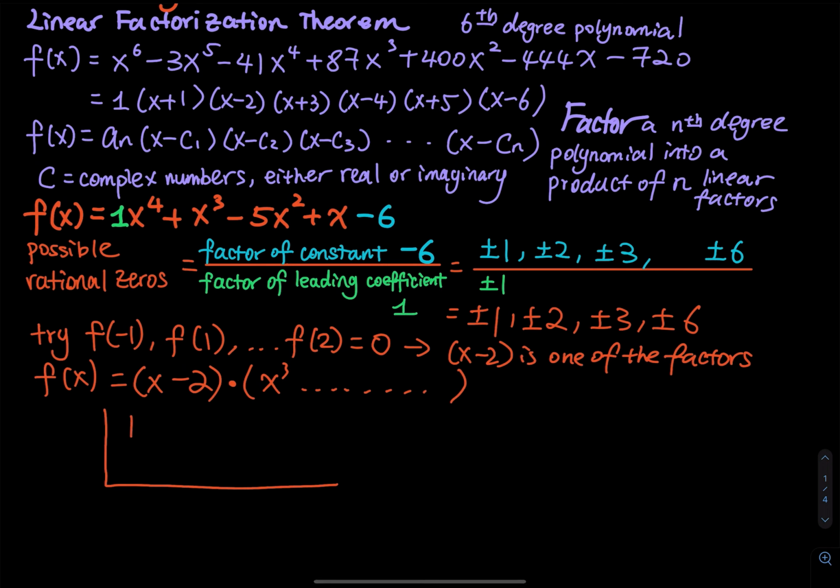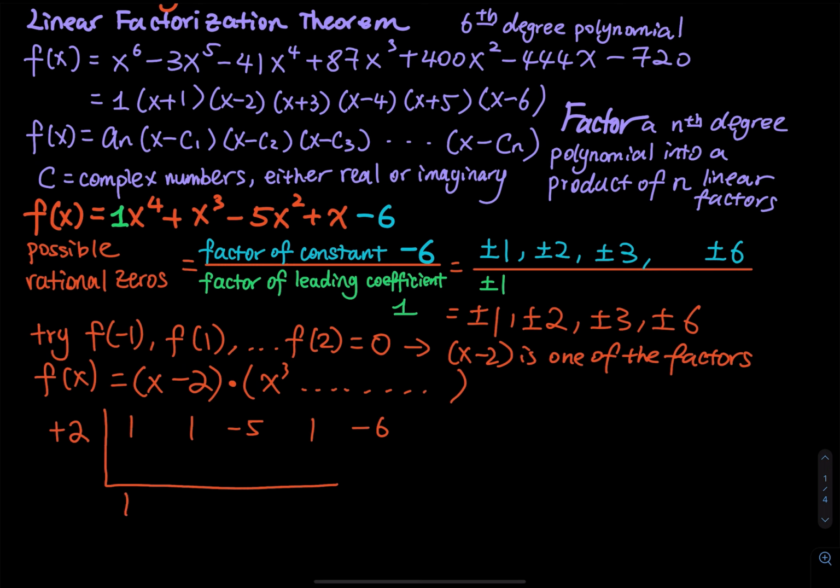So x to the fourth is 1, x to the third, the coefficient is 1, the second power is -5, first power is 1, and then the constant is -6. And then this is x minus 2, the number is always the opposite.